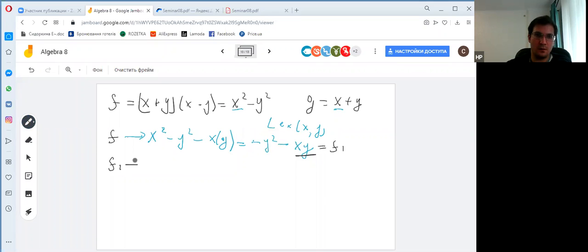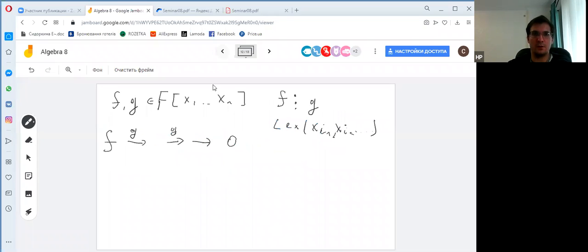F1 can be reduced by g, and I obtain minus y squared minus xy minus y multiplied by g, and this is just 0. So this is an example which shows that x can be reduced by g to 0.